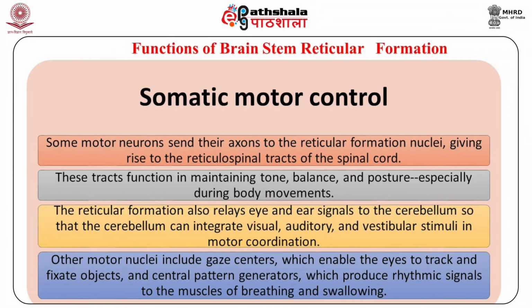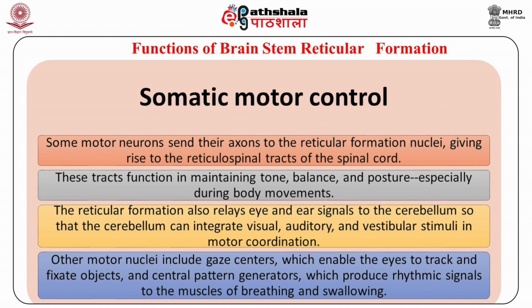1. Somatic motor control. Some motor neurons send their axons to the reticular formation nuclei, giving rise to the reticulospinal tracts of the spinal cord. These tracts function in maintaining tone, balance, and posture, especially during body movements.